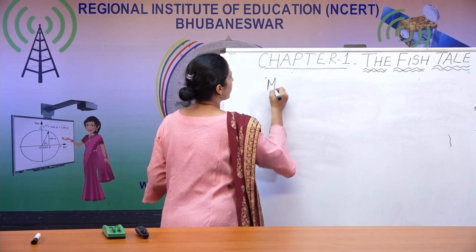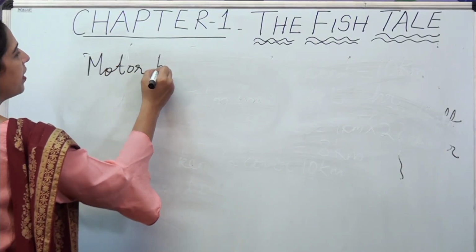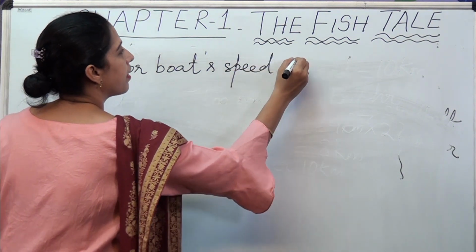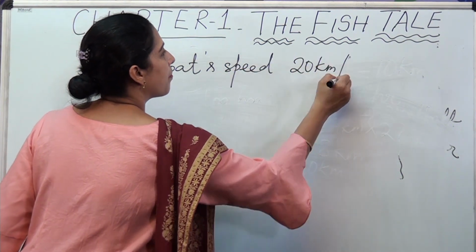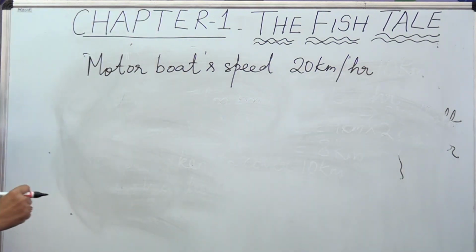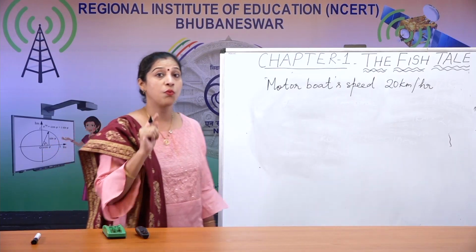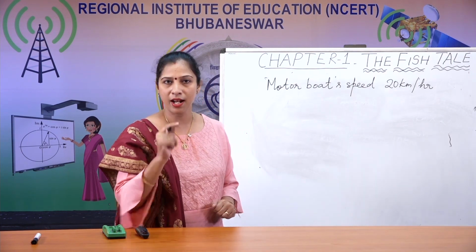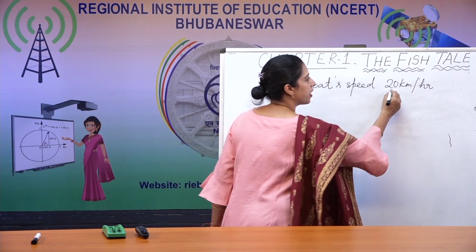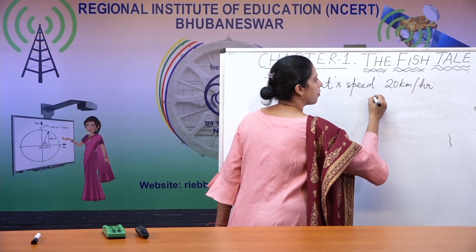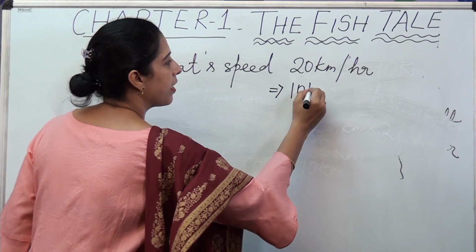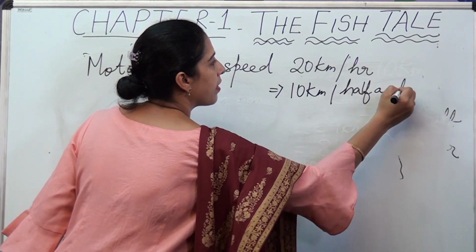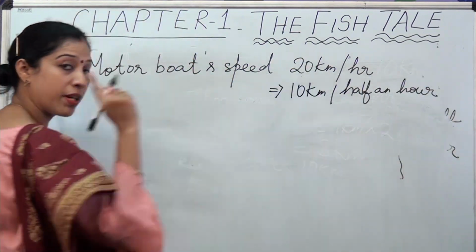The speed of the motorboat is 20 kilometers per hour. So let's find out how much distance it will cover in 3 hours, then how much distance it will cover in half an hour. If it goes 20 kilometers in 1 hour, then it can go 10 kilometers in half an hour. Isn't it? Exactly half the distance covered in 1 hour.